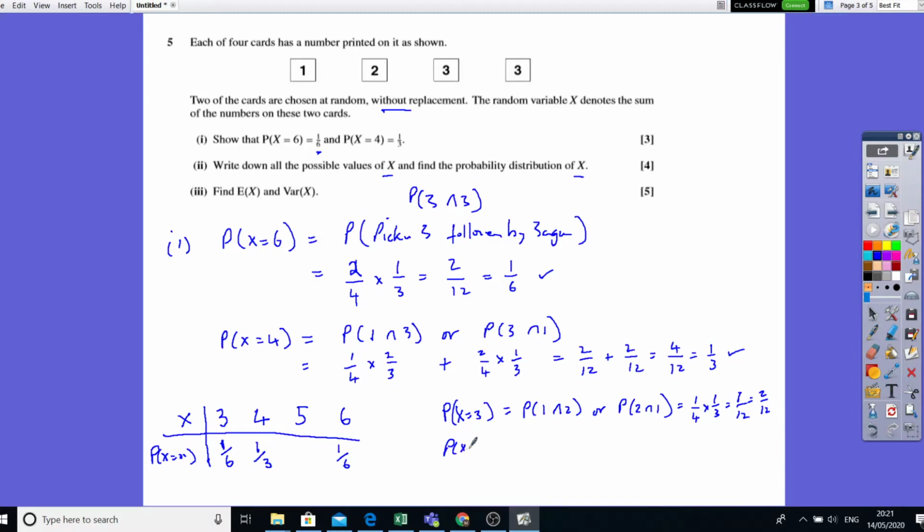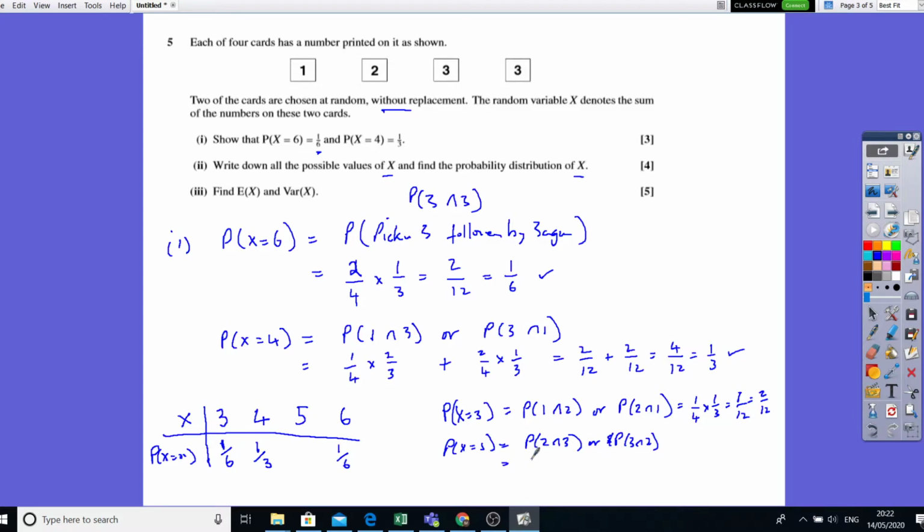Now the probability of making the sum of 5: you could pick a 2, then a 3, or you could pick a 3 first, and then a 2. So what is that?